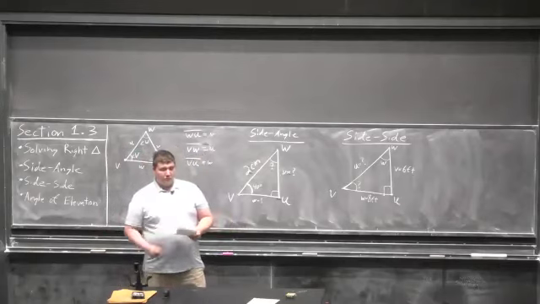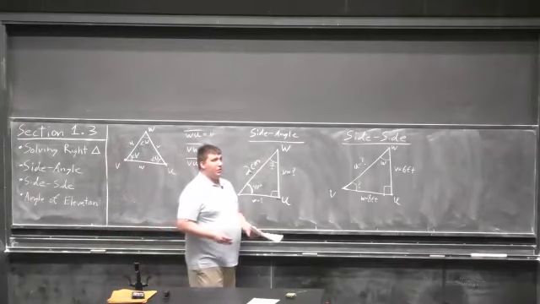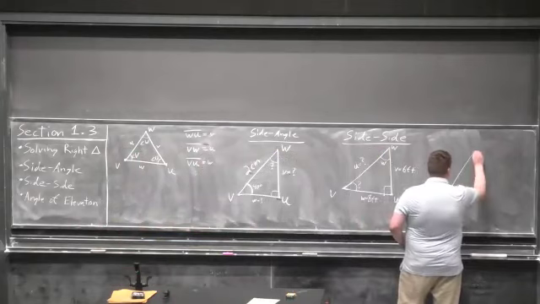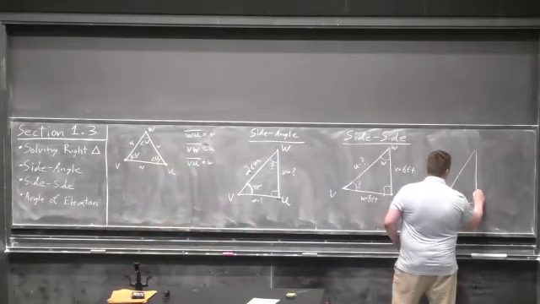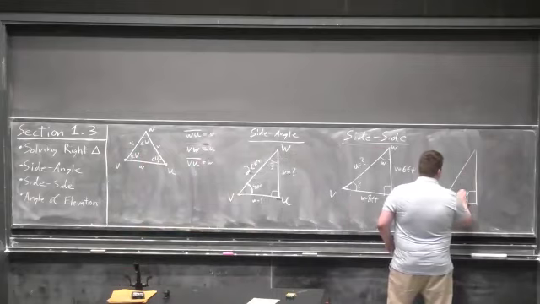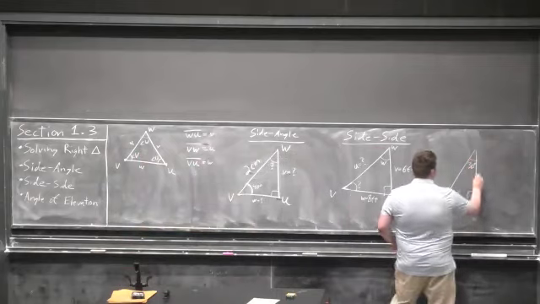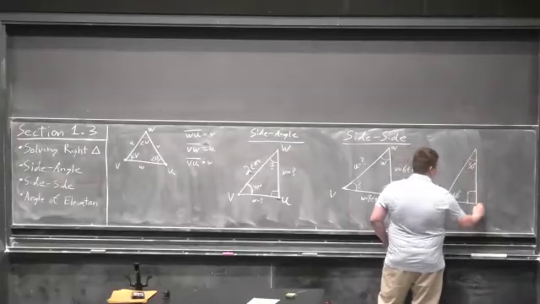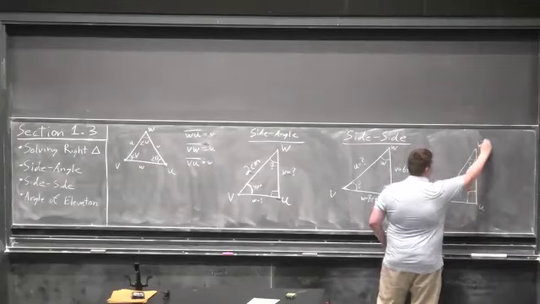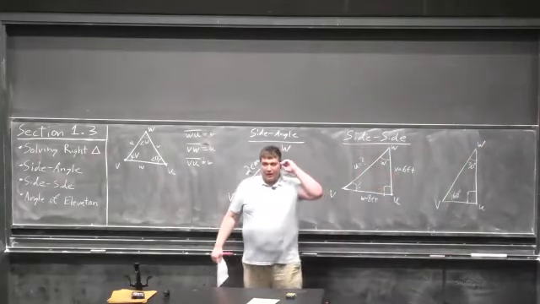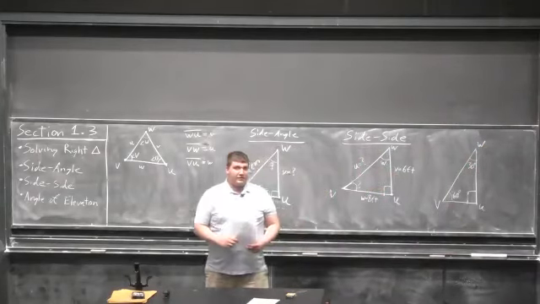Now, you might be wondering, well, what about an angle? So what if I had something like this, where I knew the angles, I had another angle of 60 degrees, another angle of 30 degrees, and my vertices U, V, and W. And it might be, hey, I know something about this triangle.